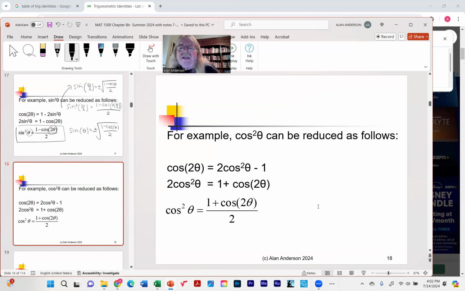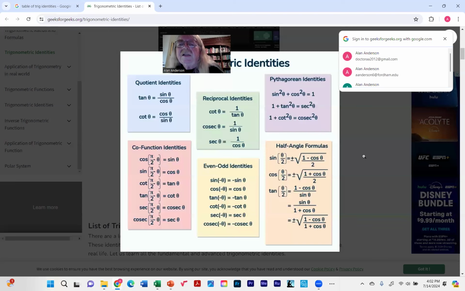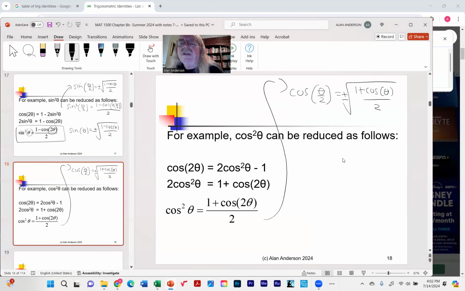Then based on the same exact logic, we end up with this. And of course, if you notice in the table, this is how they've written it. Cosine theta over 2 is plus or minus radical 1 plus cosine theta over 2.